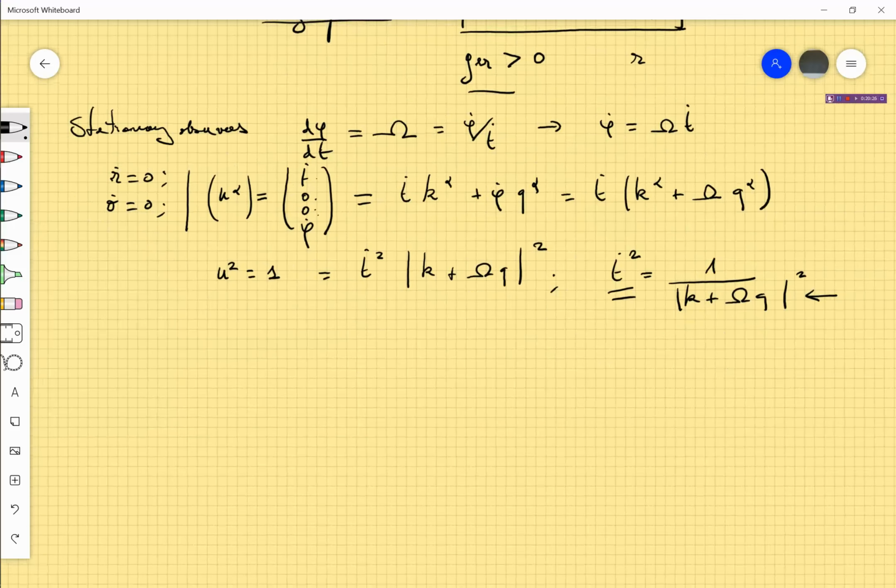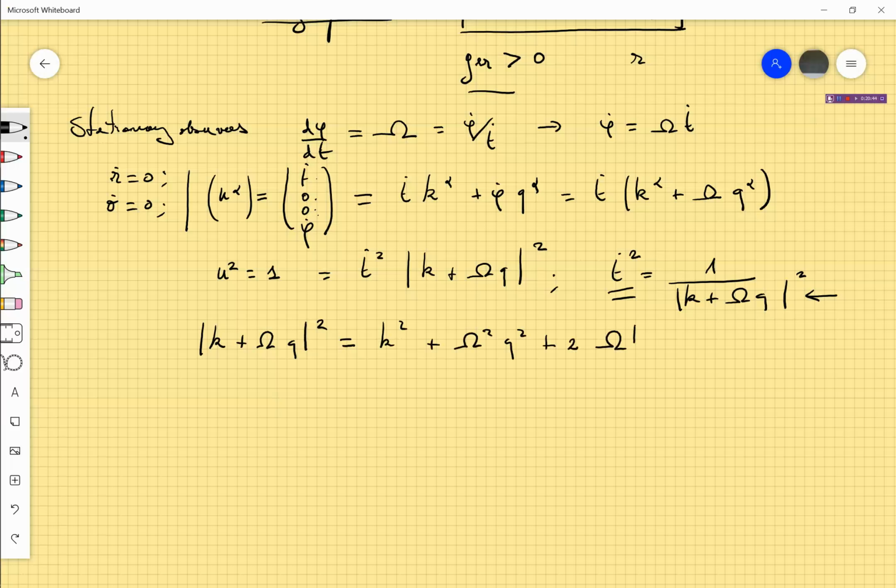This can happen if this condition, which is equal to k squared plus omega squared q squared plus 2 times omega k q, is larger than 0.